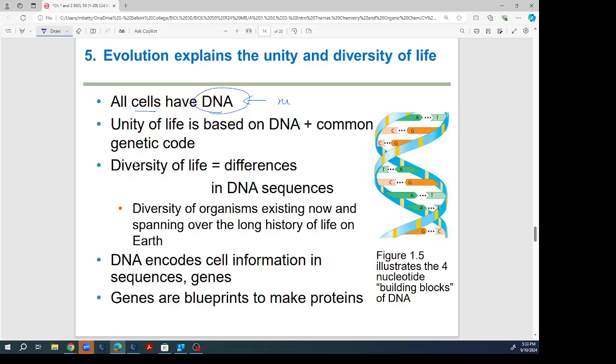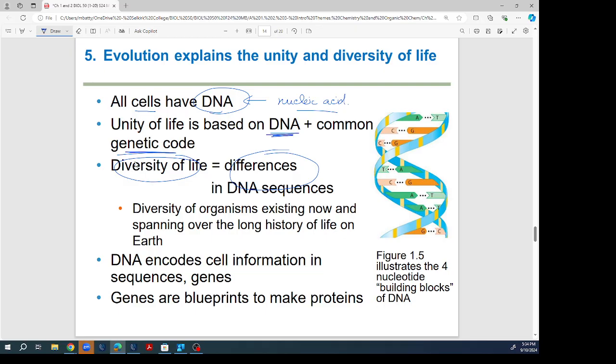It is a nucleic acid, which is one of the categories of macromolecules, again, that you'll read about in chapter 3. It really is that idea that DNA is our genetic code. And if you were to take a look at DNA, it's really this coding and the differences in DNA that make all the differences of life. So the diversity of life is related to all the differences in DNA sequencing.